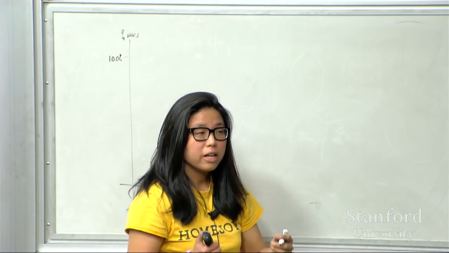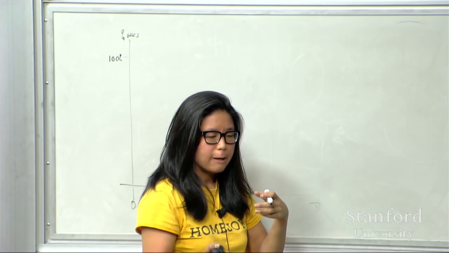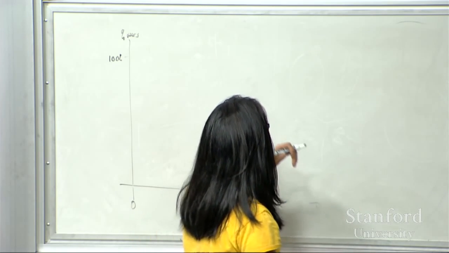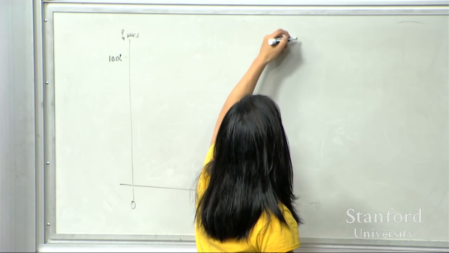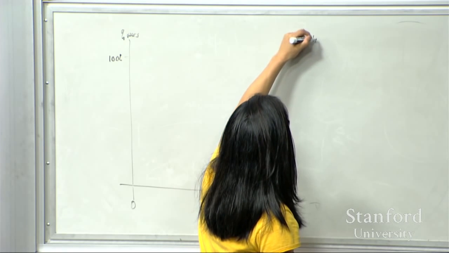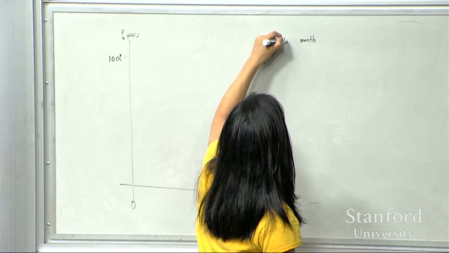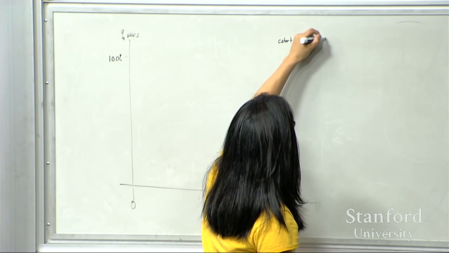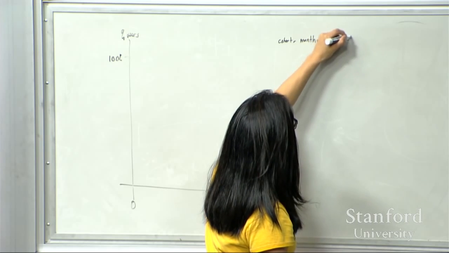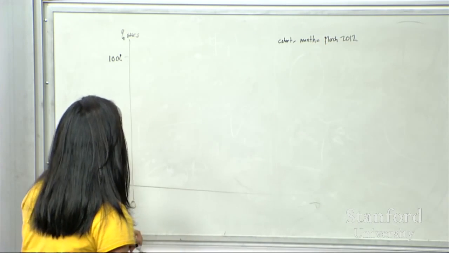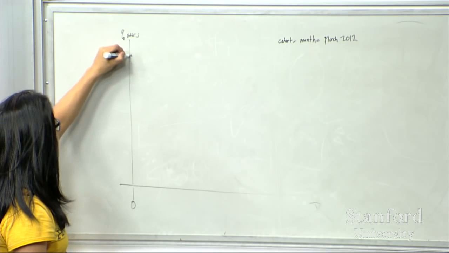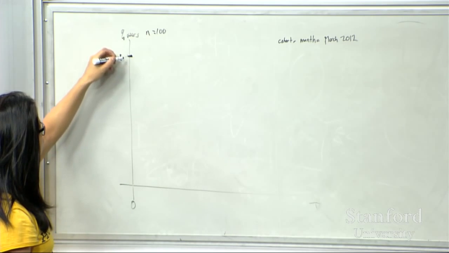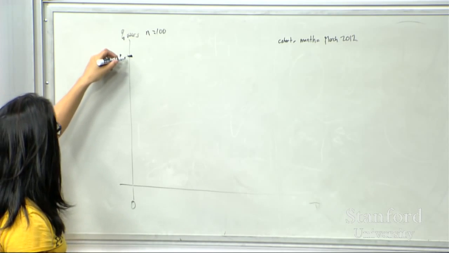You might look at the female versus male cohort, or people in Atlanta, Georgia versus people in Sacramento, California. But the most common one is by month. So cohort equals month, and let's just say for this exercise we are looking at March of 2012. So March 2012, you'll have n equals 100 people, and 100% of the people obviously are using your product because that's the definition.